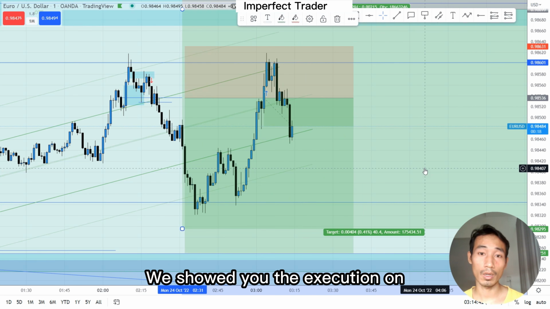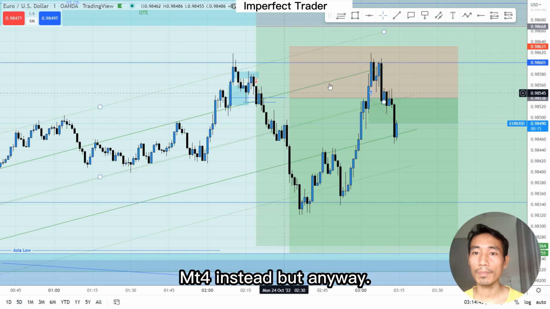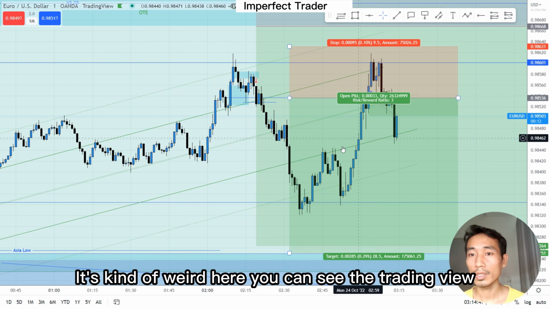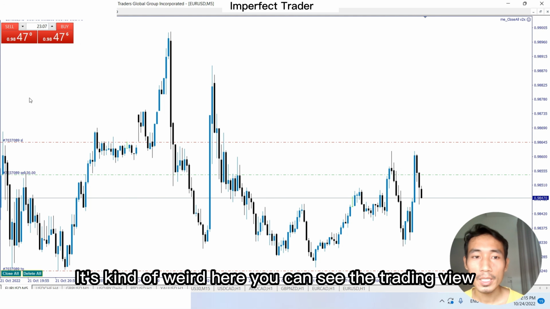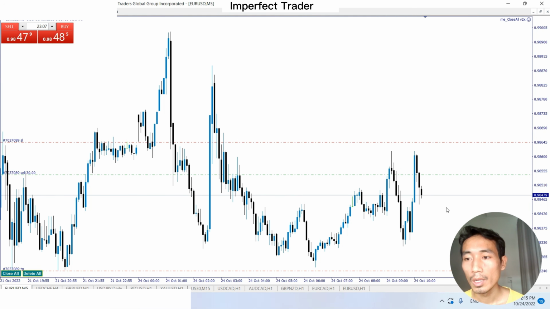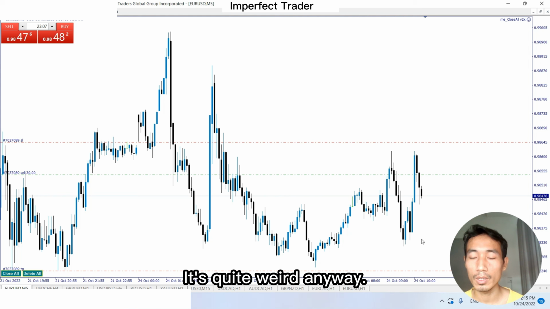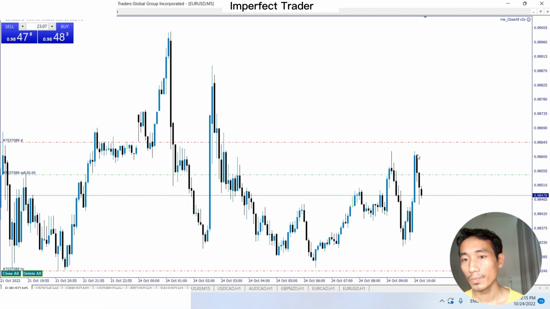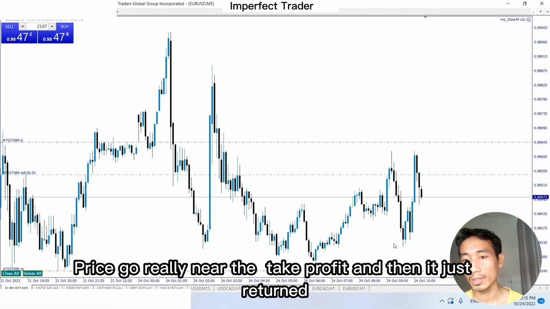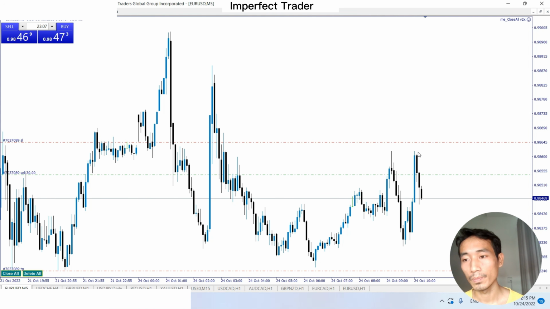I will show you the execution on MT4 instead. Here you can see TradingView is closed, but my MT4 is still running. So it's quite weird. Anyway, it probably goes really near the take profit, and then it should return.